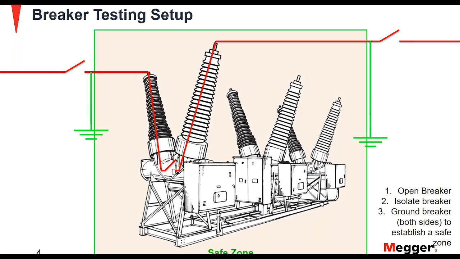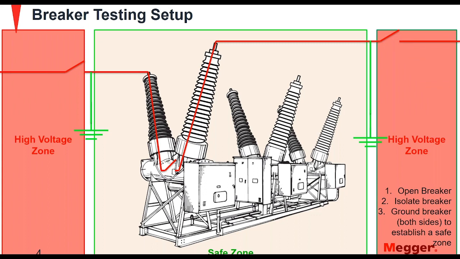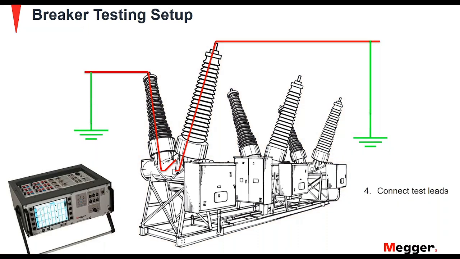After establishing this safe zone, whether you are working with an outdoor circuit breaker, a live tank, dead tank, or even a GIS system, the procedure will be a little bit similar. Then you will go ahead and connect your test equipment, whether it's a TM or EGL or any other circuit breaker analyzer.